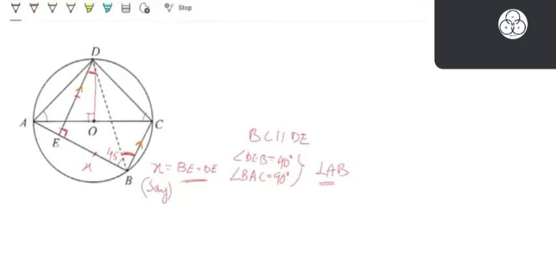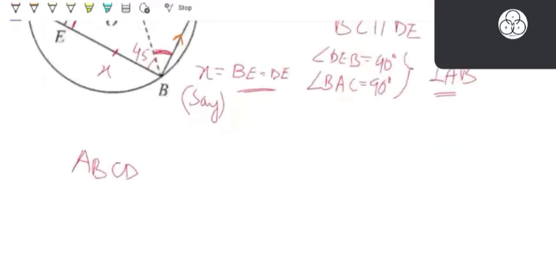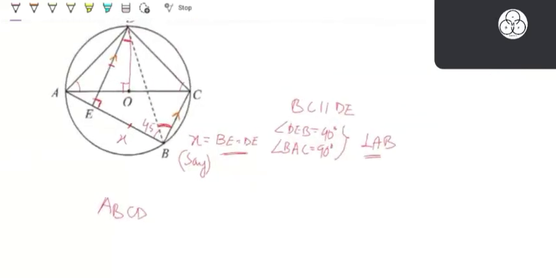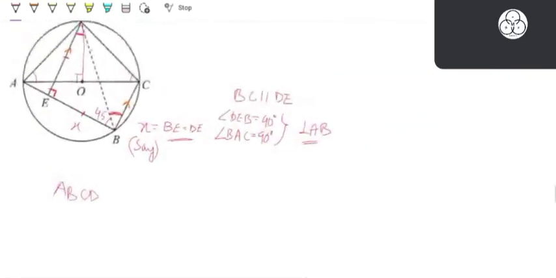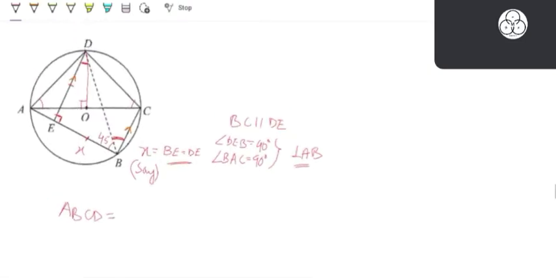I think you will get the area of ABCD. Area ABCD can be written as area AED, area BED, area BCD.